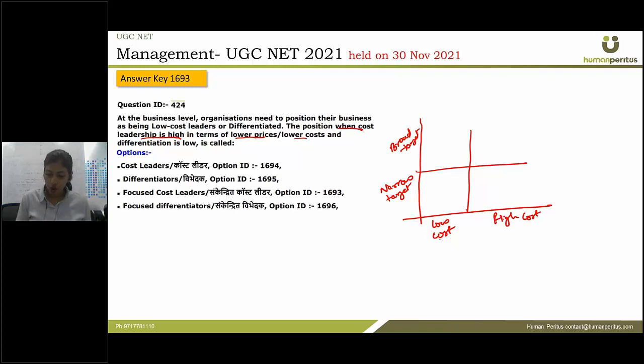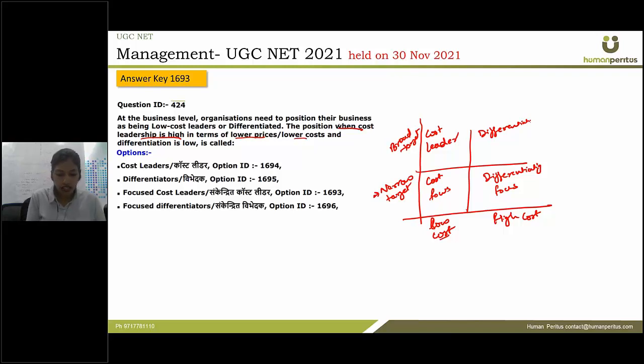If we have low cost of production in the narrow market, then it is known as cost focus, because we are focusing only on a particular sector of the market and we have the benefit of low cost. If we have low cost in a big sector of the market, a broad target, then it is known as cost leader. Similarly, if we have high cost of production but focus only on a narrow target, that means we have differentiation focus, where we differentiate our products but only for a narrow sector, and it is differentiation leader when you focus on a broader target market.